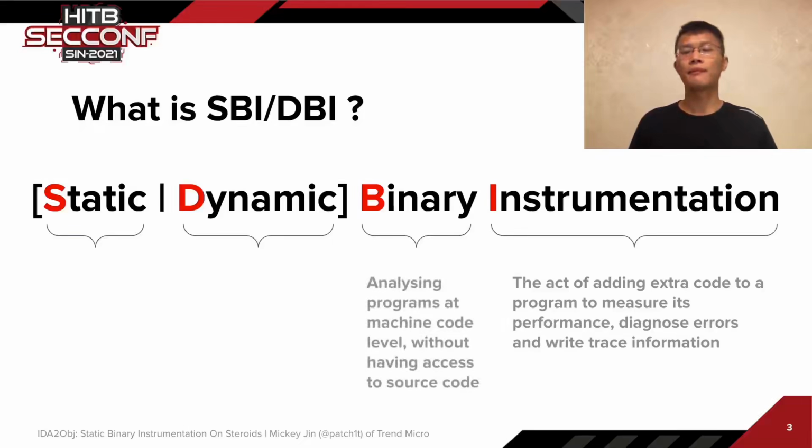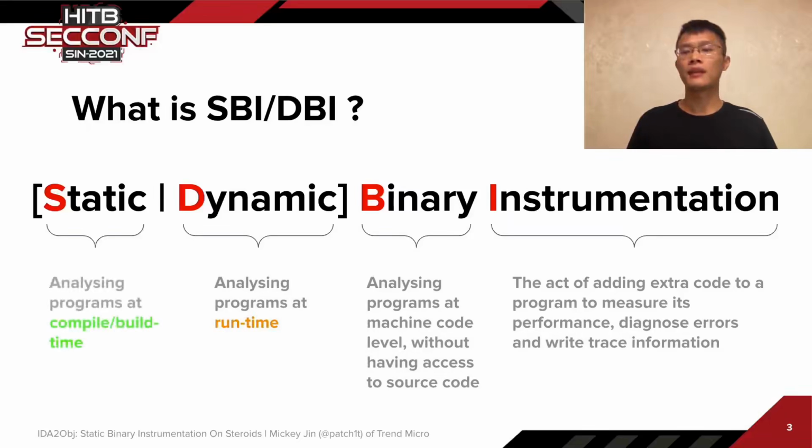Binary means analyzing a program at machine code level without having access to the source code. Dynamic means analyzing a program at runtime. Static means analyzing a program at compile or build time.